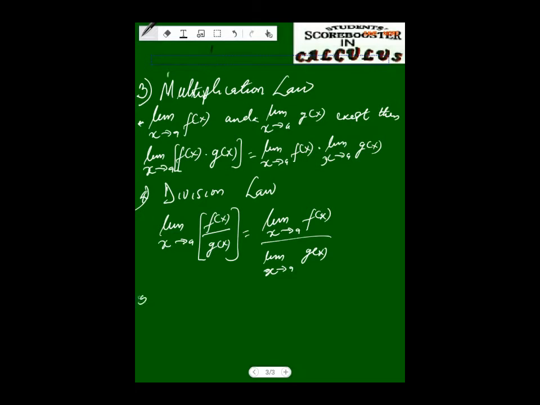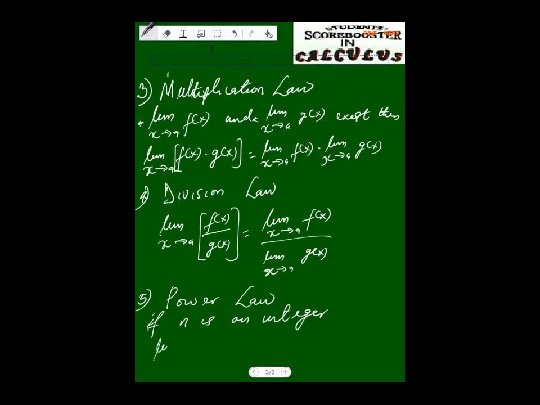Number 5 is called the power law. Supposing n is an integer and there exists a function f of x whose limit exists.